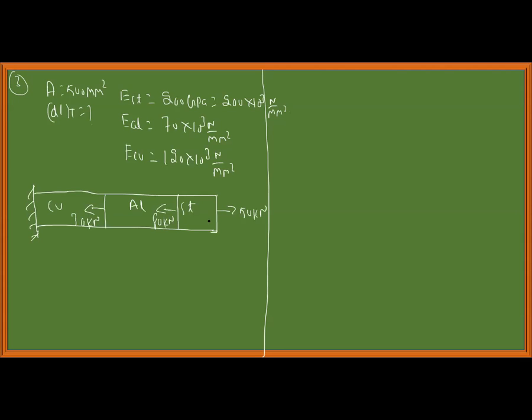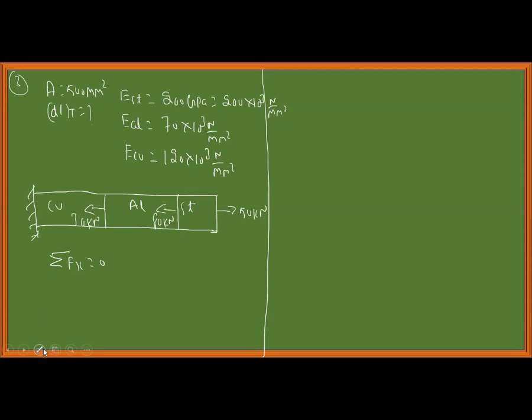Before that, in this type of problem, you can find the reaction force if you want, or you can also solve it without finding the reaction force. But it is always better to find the reaction force and then solve the problem. So you will follow the same procedure. The summation of forces in the x direction is equal to 0. Therefore, you assume a reaction force.